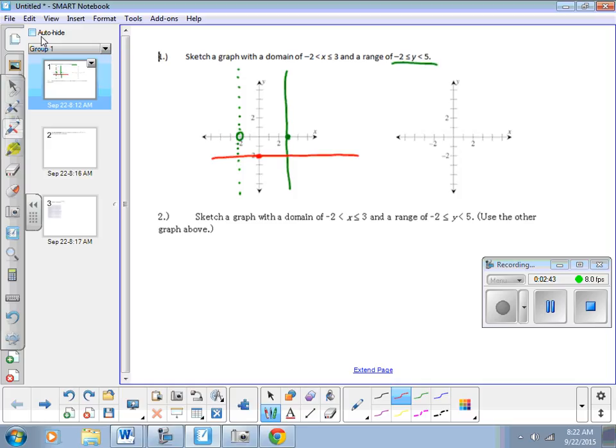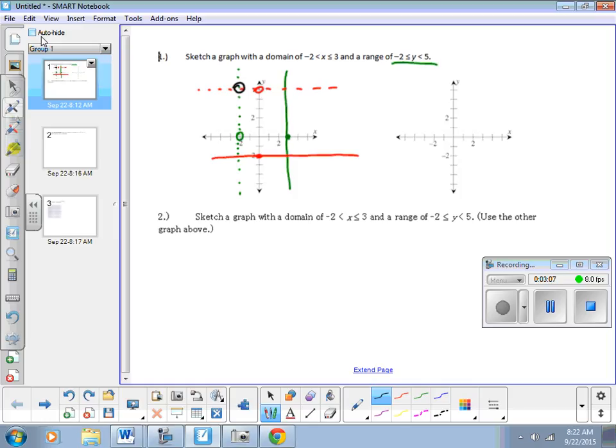Open or closed? Open dot, so therefore a dashed line. So there's many different answers you guys can draw for the response to this question, though, okay? As long as it starts, you can have it start up here.